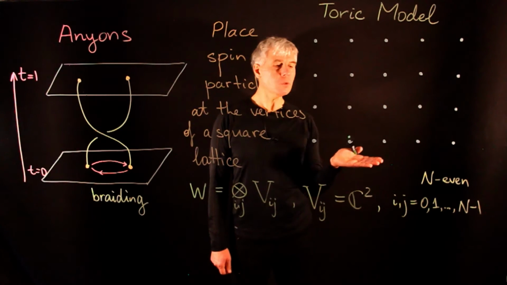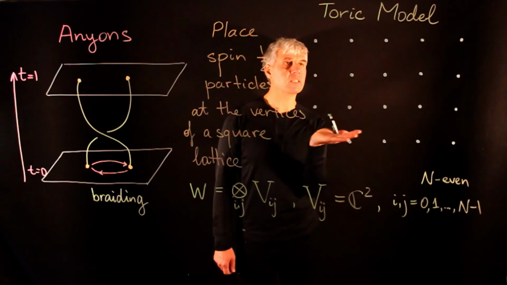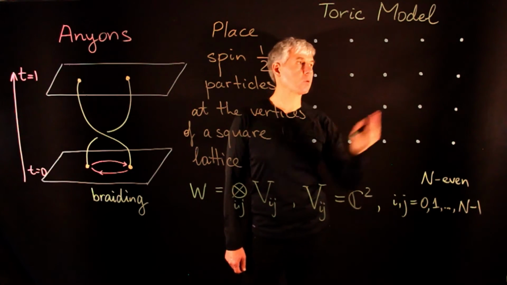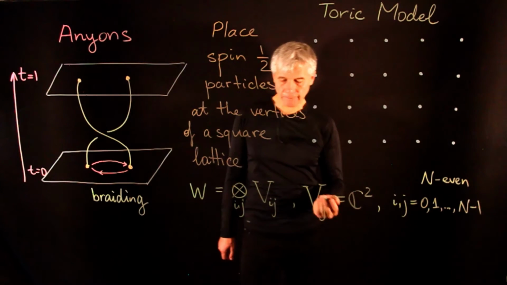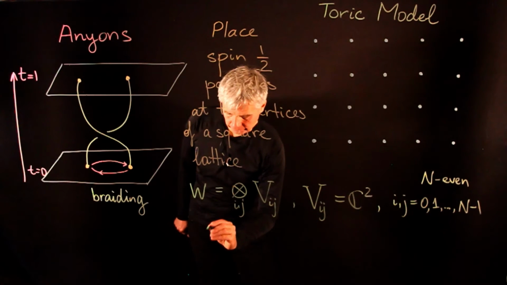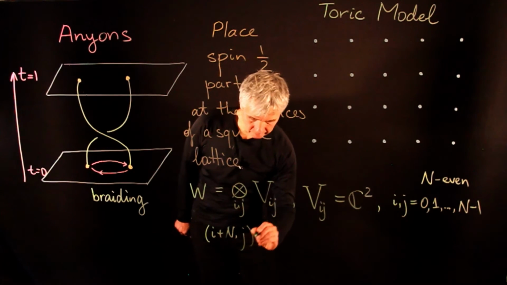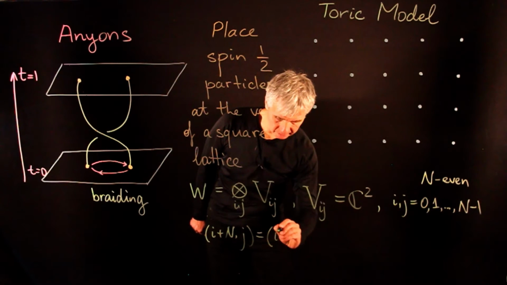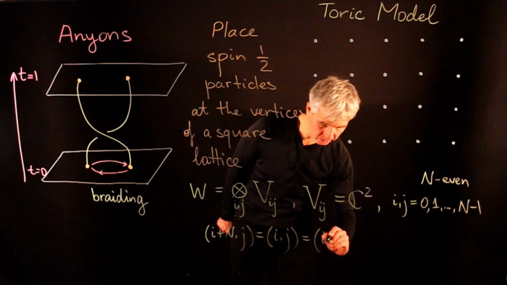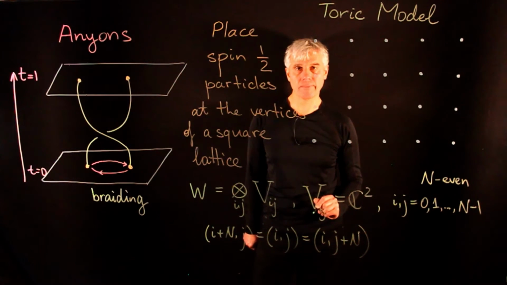What we're actually going to do is identify row 0 in this lattice with row number n, and column number 0 with column number n, effectively imposing the following periodicity conditions: the lattice point i plus n, j is the same lattice point as ij, or the same point as i, j plus n, for all i and j.